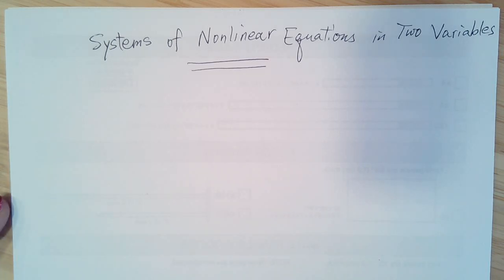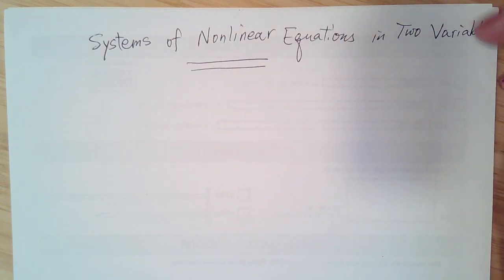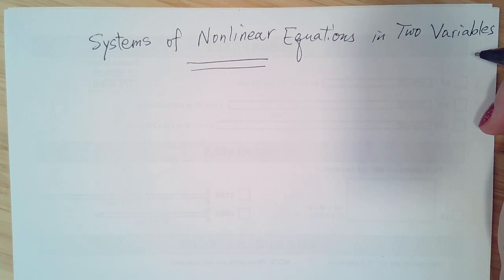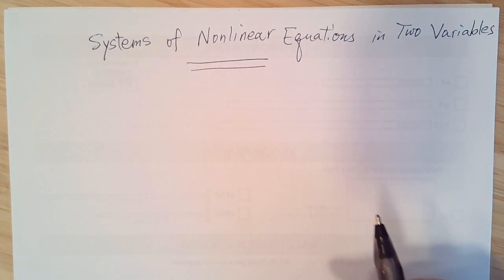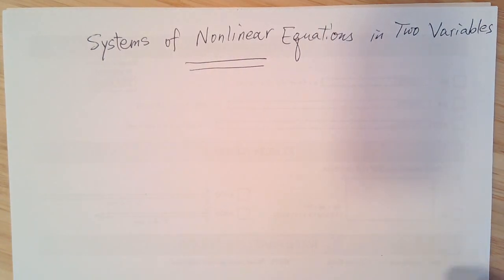Anything other than that, if you have x squared, if you have y squared, if you have x or y in the denominator, if you have square root of x plus 5, things like that, those are all nonlinear equations. And today we're going to try to use the substitution method and elimination method to solve some nonlinear systems of equations.